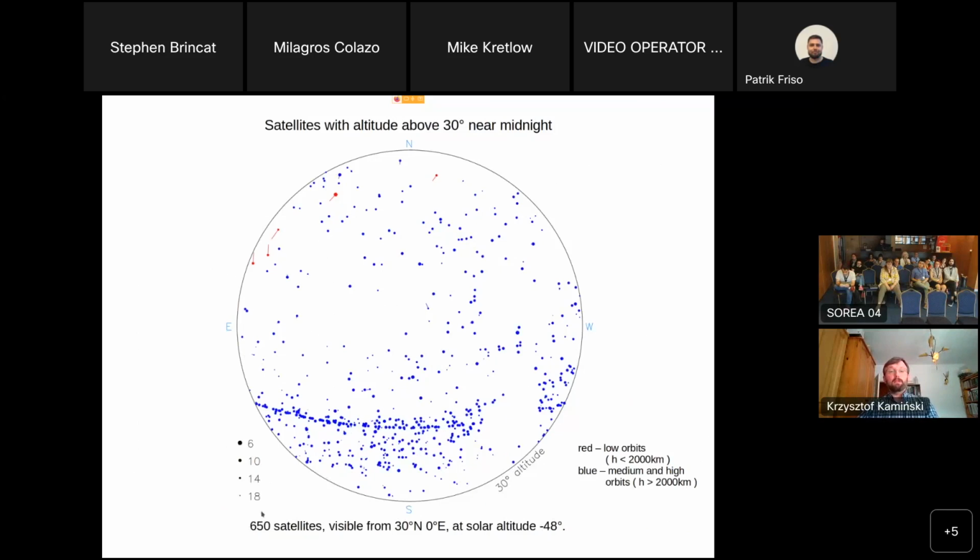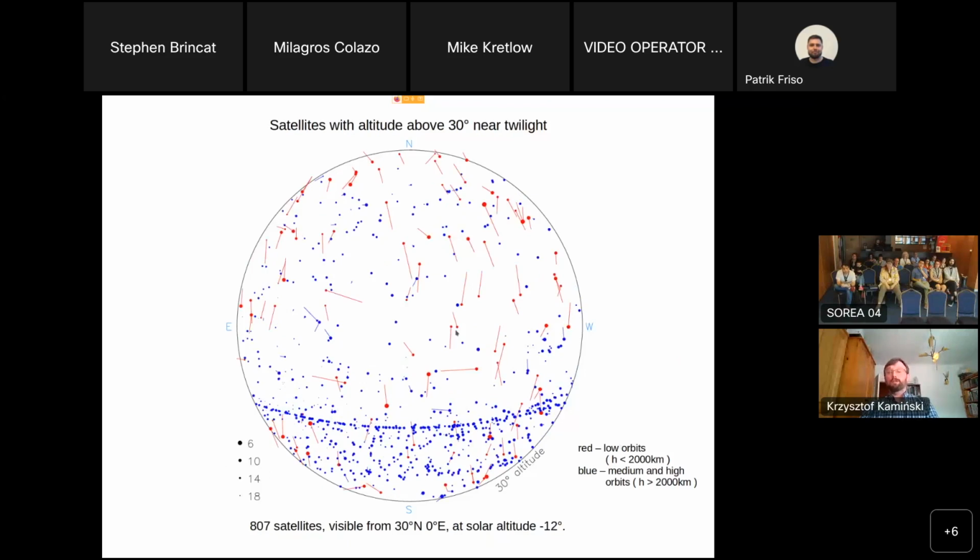And we can see that in that region of the sky, we can detect roughly 650 satellites. Of course, the number will vary during the night. And most of them are on higher orbits, because those on lower orbits are hidden in the Earth's shadow, fortunately. But still, we can see that some regions, like the geostationary belt especially, are populated very densely with Earth satellites, and most of them are very bright targets for astronomical telescopes.